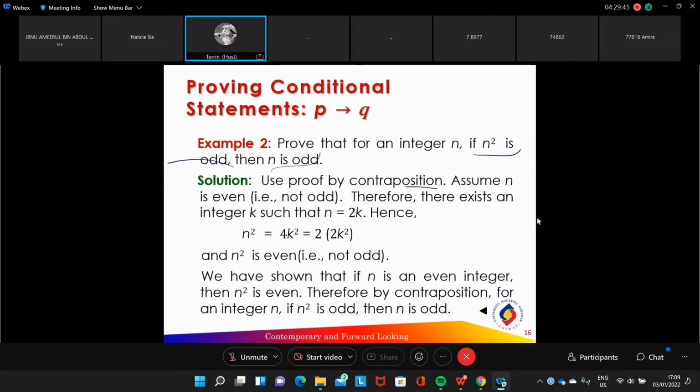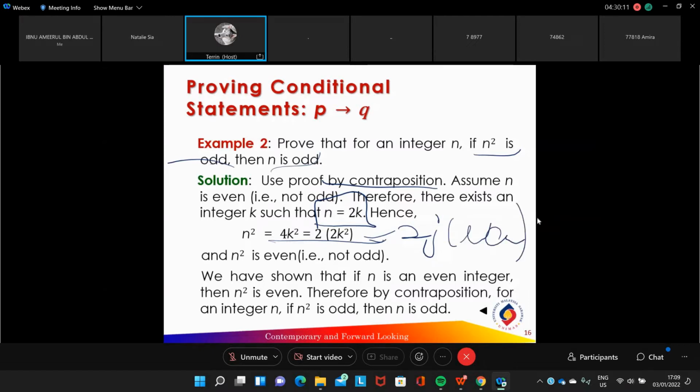So using contraposition, we assume it to be not odd, or assume it to be even. So if we assume n equals 2k, we have n square equals 4k square equals 2 times 2k square. This is in the form of 2j. Hence, we say that it's even. N square is always even.